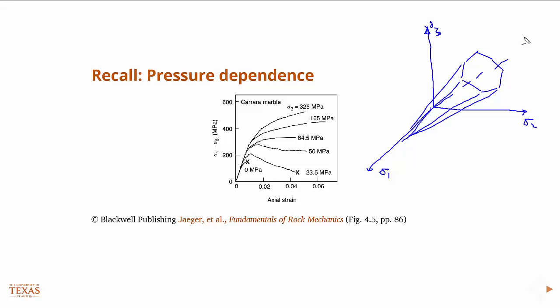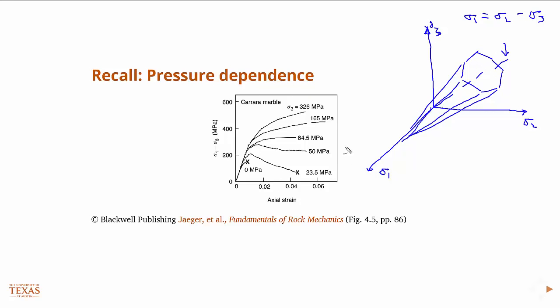So because the pressure is essentially the sum of the principal stresses, this line represents the pressure dependence. So as we move up or down this line, sigma 1 equals sigma 2 equals sigma 3, we're changing the hydrostatic pressure on the sample and therefore changing its behavior, constitutive response.